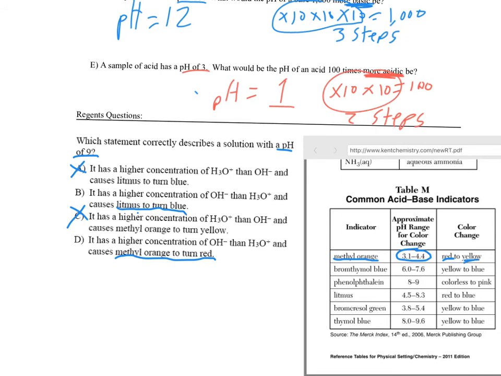With a pH of 9, methyl orange shouldn't stay red, it should turn yellow, and that's not what the answer says. The answer says it causes methyl orange to turn red, and I can already tell that's not right. So it's definitely not that one. That means the only one I'm left with is choice B.